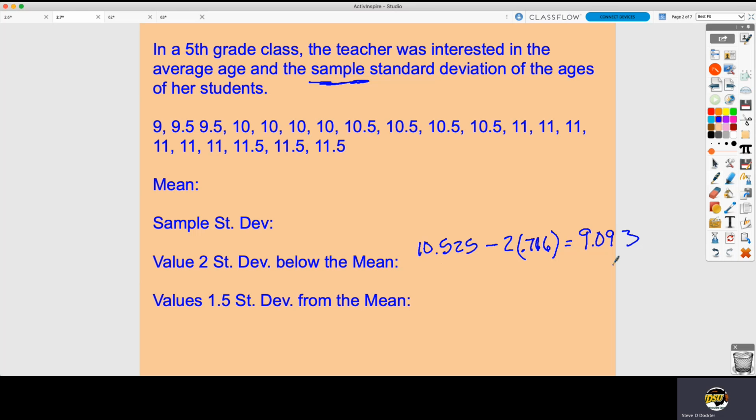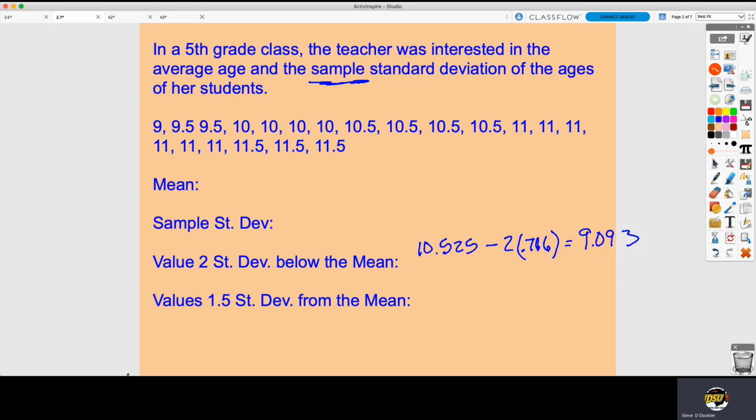Okay, so think about this next one then. Values of 1.5 standard deviations from the mean. When it says from, it's not saying above or below, it's saying from. So we're going to have two answers here: 1.5 below and then 1.5 above.